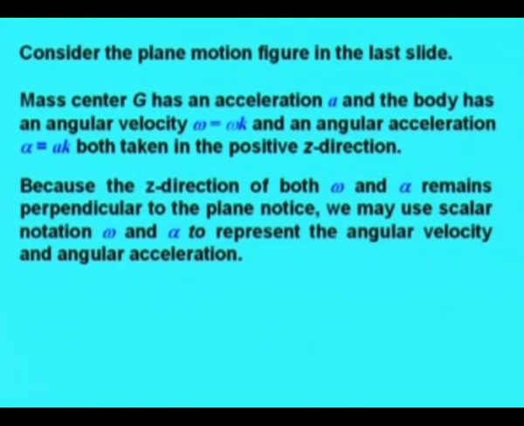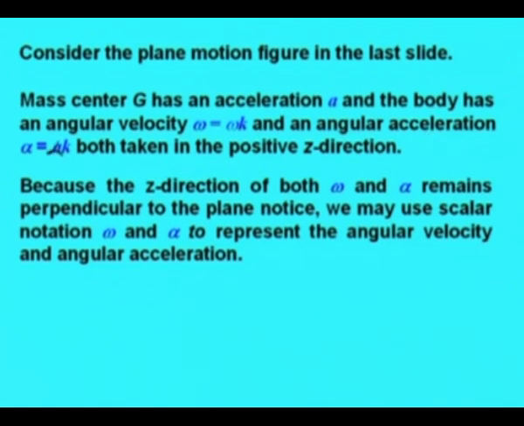In that case, let us say the mass center G has an acceleration a, and the body has an angular velocity omega equal to omega k, and angular acceleration alpha equal to alpha k, both taken in the positive z direction.